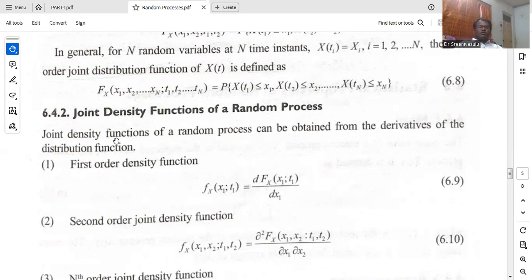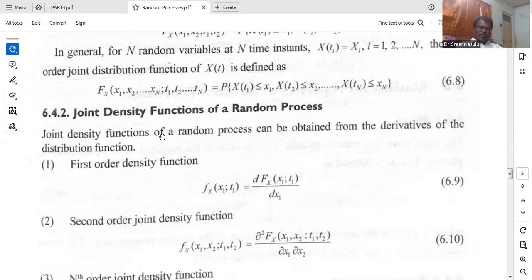Now consider the joint density function f_XY of x comma y. That is from the previous concepts of a random variable. If we apply it to a random process, the main difference is that a random variable is not a function of time, whereas a random process is a function of time.